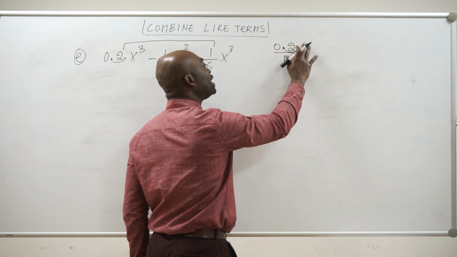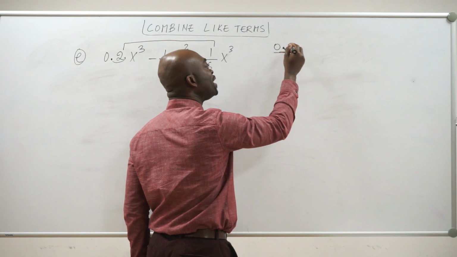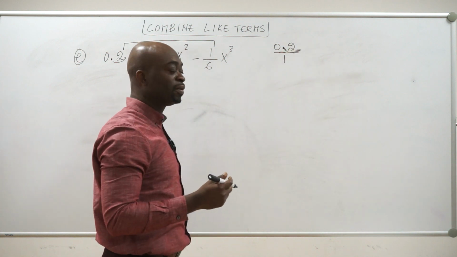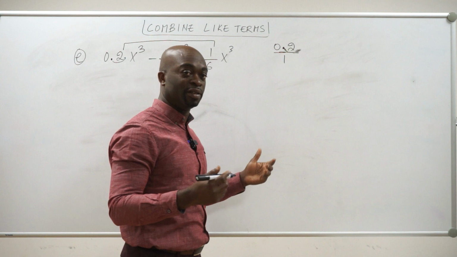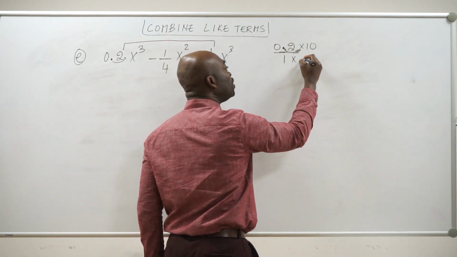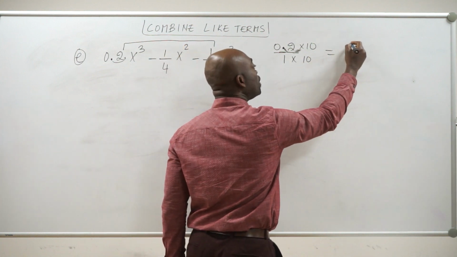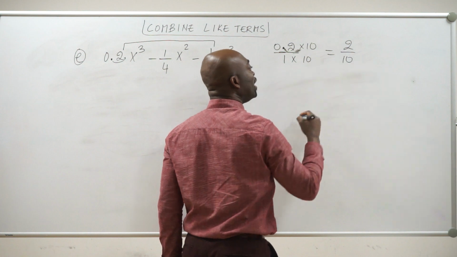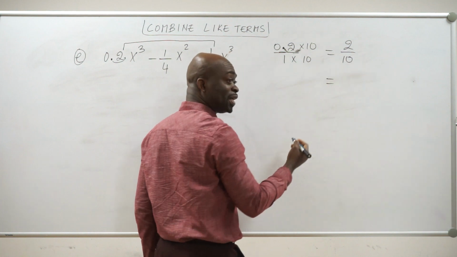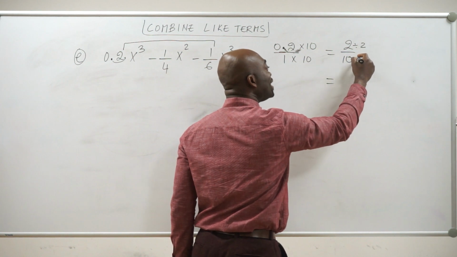Or somebody can just say, okay, instead of moving the decimal place, how do we make 0.2 a whole number? It's by multiplying it by 10. So if you multiply by 10, you also have to multiply the bottom one also by 10. And then this will give you what? 2 over 10. And 2 over 10, you can reduce it as 2 can divide 2, and then 10 can divide 2.